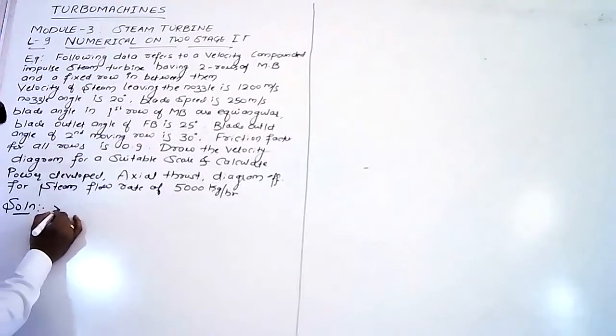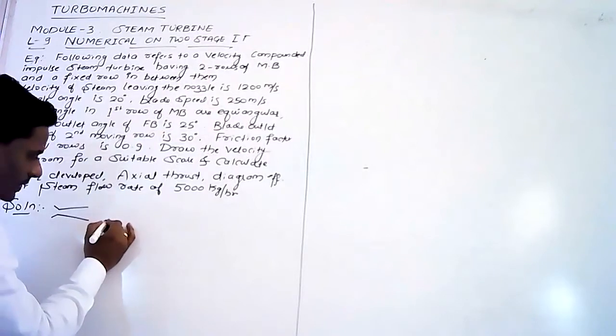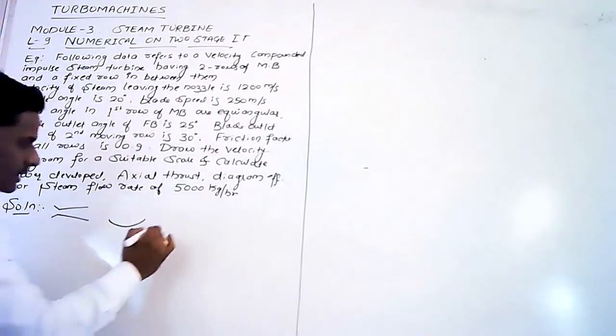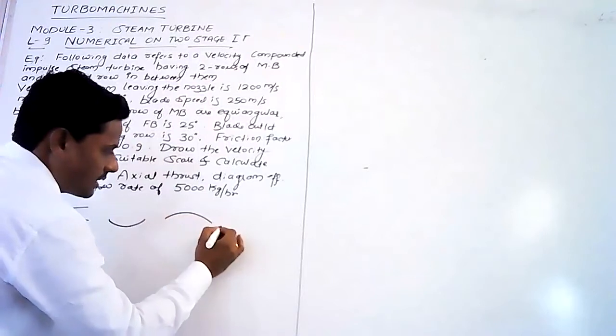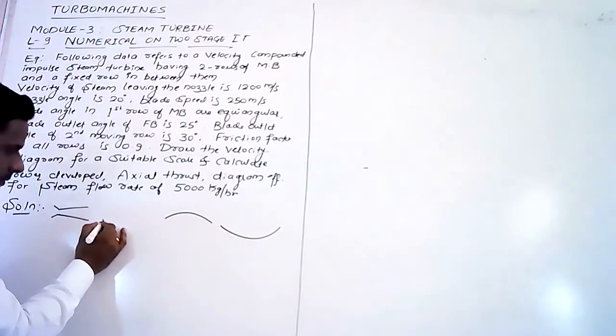In the first row, we have the set of nozzle. This is a nozzle. Next, we have the moving blades here. This is a moving blade. This is a fixed blade. And lastly, we have the moving blade here, right?